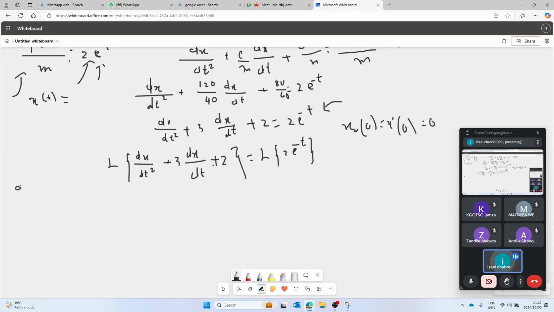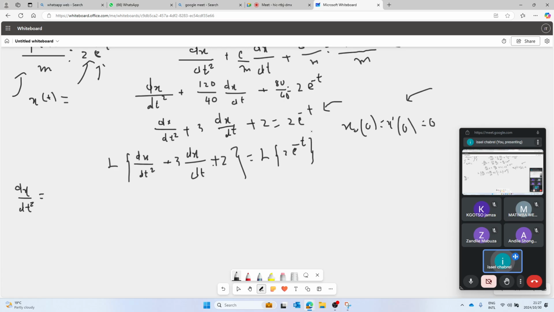Now I'm writing: when you want to find the Laplace of d²x/dt², I'm just writing the formula for you to see why it is really crucial. In fact, when the initial conditions are all zeros, it's even easier to solve the problem. Sorry about it.